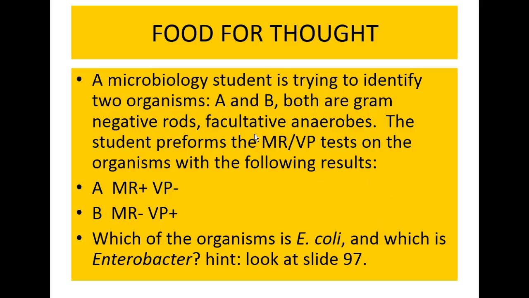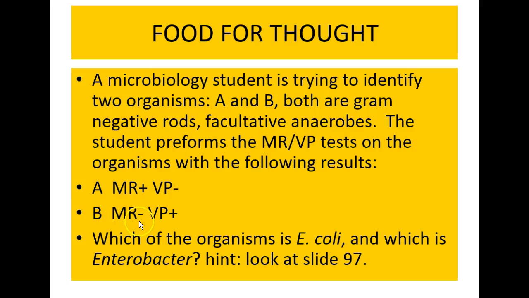A microbiology student is trying to identify two organisms, A and B. Both are gram-negative rods, facultative anaerobes. The student performs the MRVP test, methyl red Voges-Proskauer test, on the organisms with the following results. MR test is positive on organism A and VP is negative.